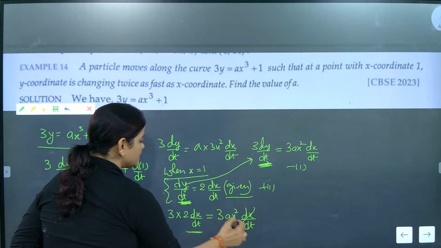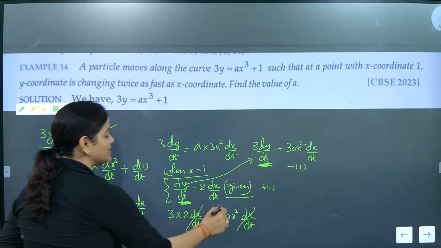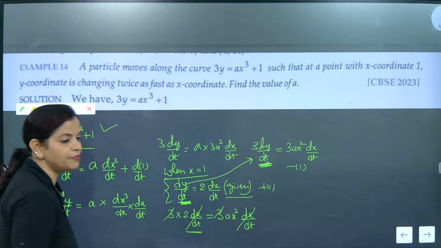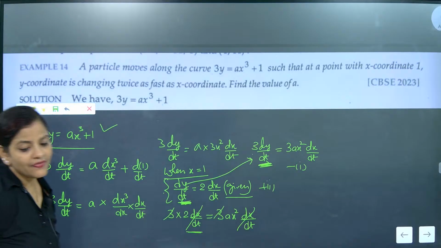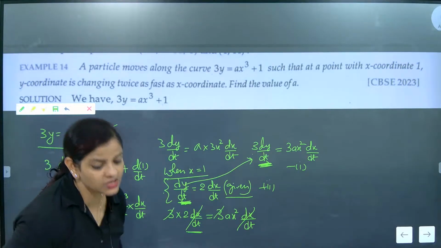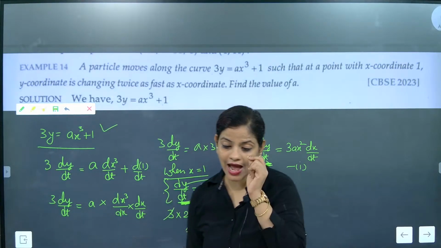Now dx by dt will cancel, and 3 and 3 will also get cancelled. Till here it is done. They have given the value of x as 1, the x coordinate as 1.